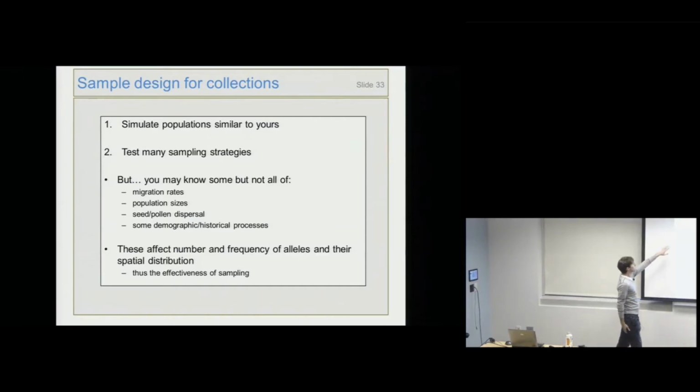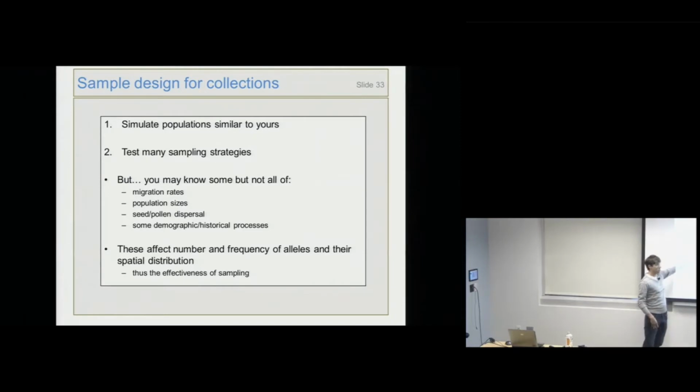So what I propose to do is similar to what I did in my first postdoc: simulate populations that represent the real world as it is, and test a number of different spatial sampling strategies, as well as different numbers of populations and individuals. But again, just like in the first part of the talk, we don't know all of the parameters of some of these important processes that have to go into this model.